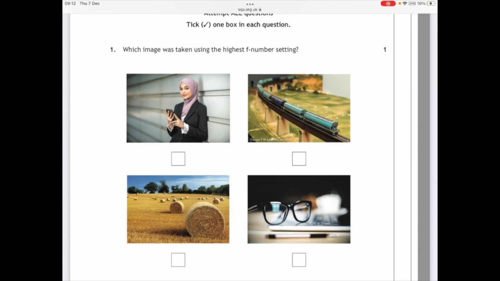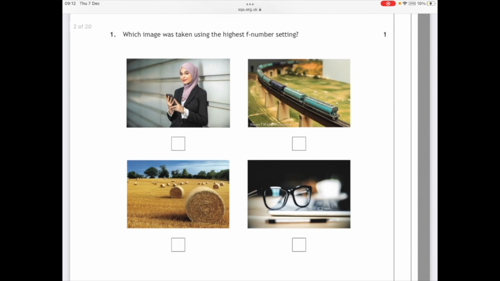If you can try and answer that just now, we'll label them A, B, C and D from left to right: the portrait would be A, the train would be B, the hay bales would be C, and the glasses would be D. I think this one's quite obvious. I'll go over the answer just now.